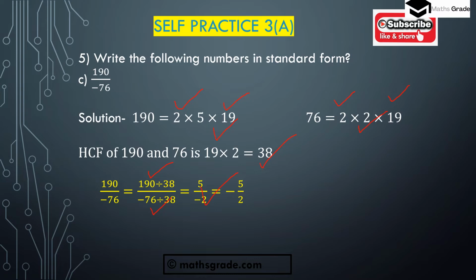So we get 5 divided by 2. So 190 divided by minus 76 is equal to minus 5 divided by 2, and minus 5 divided by 2 is the standard form of the given rational number 190 divided by minus 76.